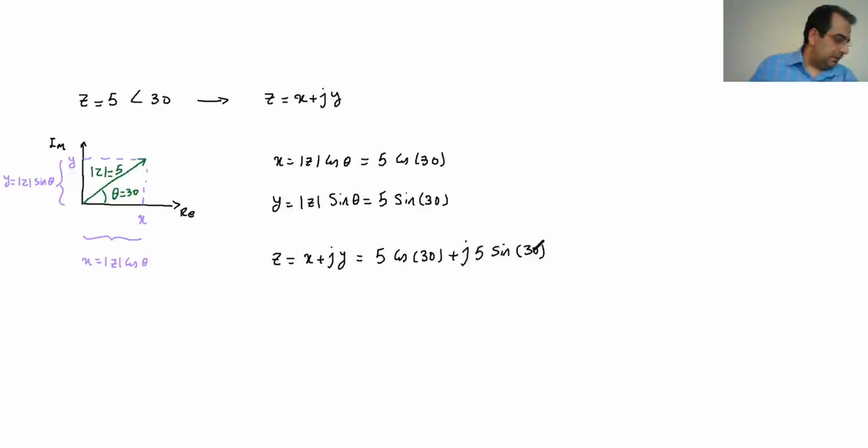And if I have the calculation right, it should come out as 4.33 plus j 2.5. So this is how, for example, we convert from polar to rectangular.